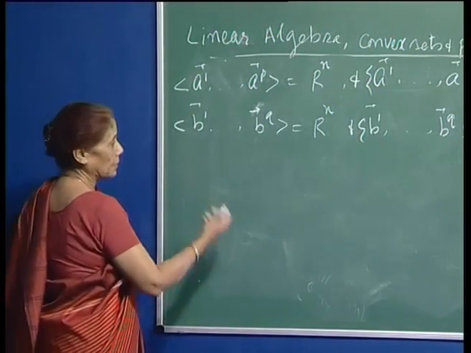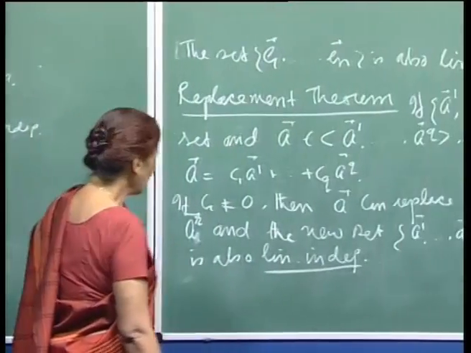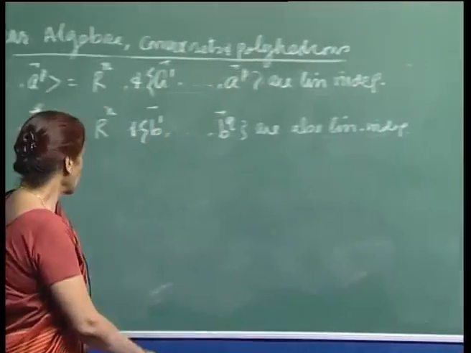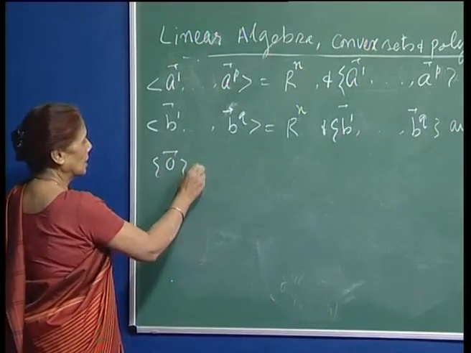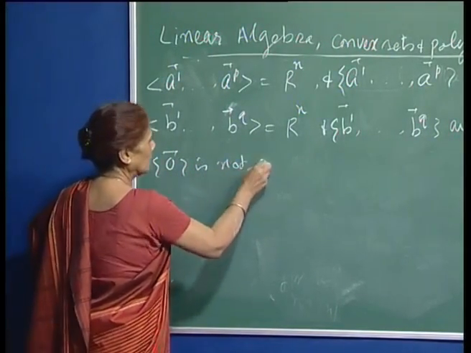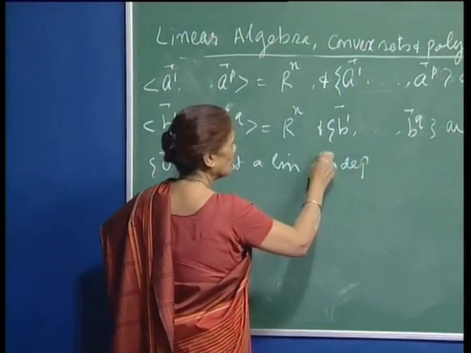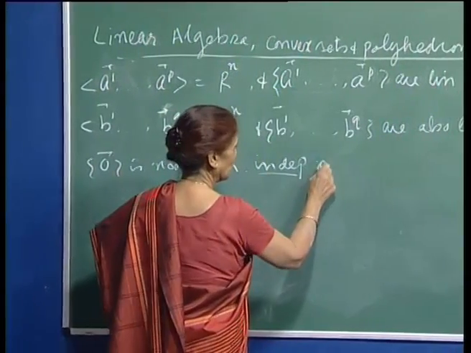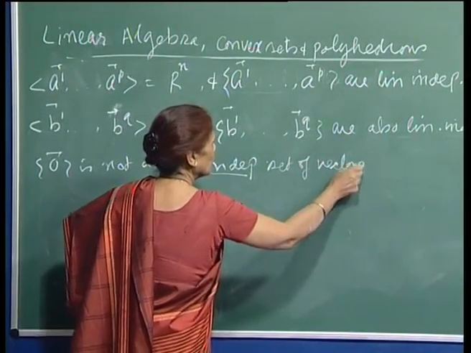Why? Because remember, when I introduced the concept of linear independence, maybe I should have pointed out that 0 alone is not a linearly independent set of vectors.